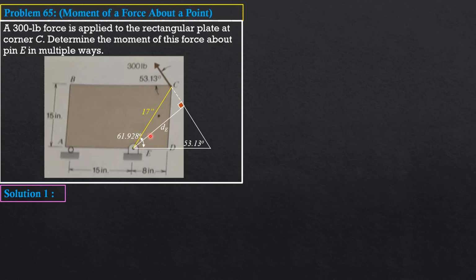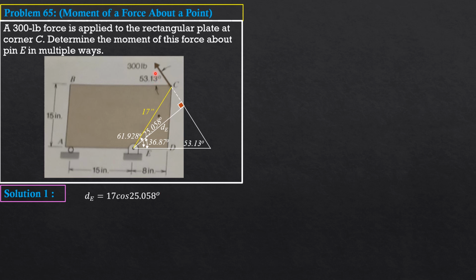Then the measure of this angle is, because this is a right triangle, 90 degrees here, 90 minus 53.13 degrees is 36.87 degrees. Therefore, the measure of this angle is 61.928 minus 36.87, and that is 25.058 degrees. This perpendicular distance D sub E, therefore, is 17 cosine of 25.058.